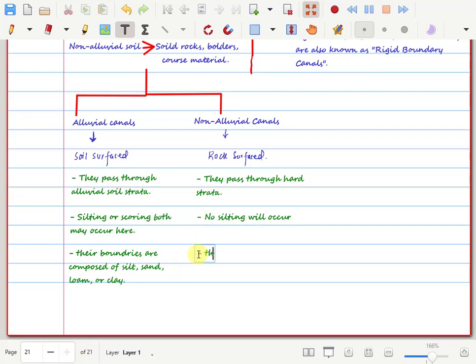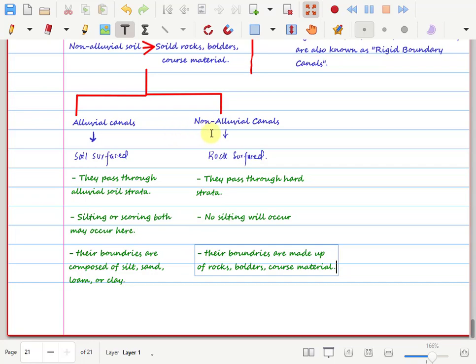And their boundaries are made up or composed of rocks, boulders or coarse material. Got it?